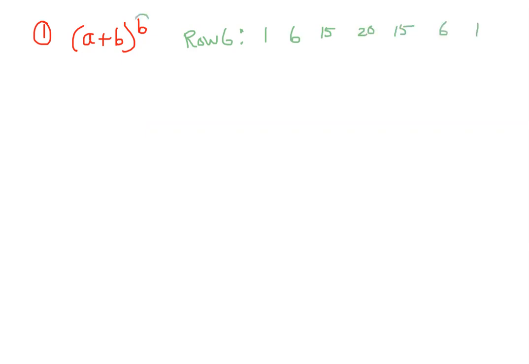So because there's a 6 here, we're going to have 7 terms: 1, 2, 3, 4, 5, 6, 7. And to expand this, we're going to use these coefficients.